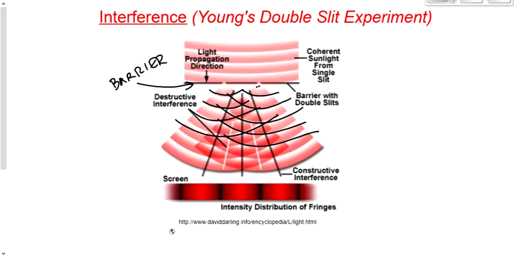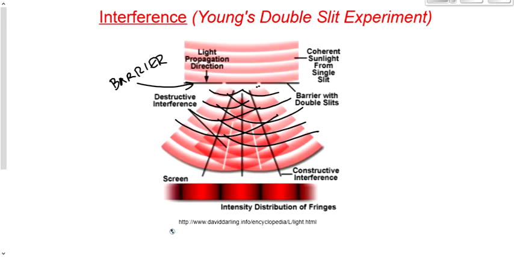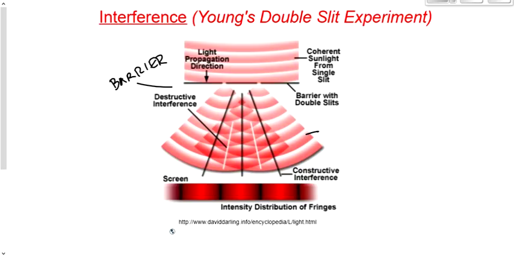You get constructive interference, trough and trough, constructive interference, crest and trough, destructive interference. You will get, just like in this diagram back here, these alternating lines of constructive and destructive interference.